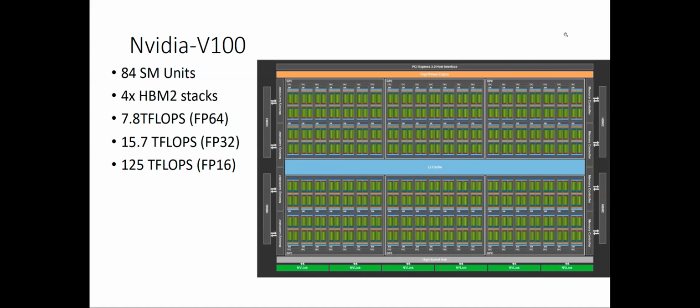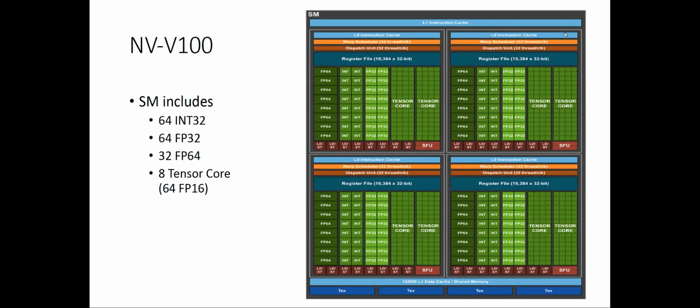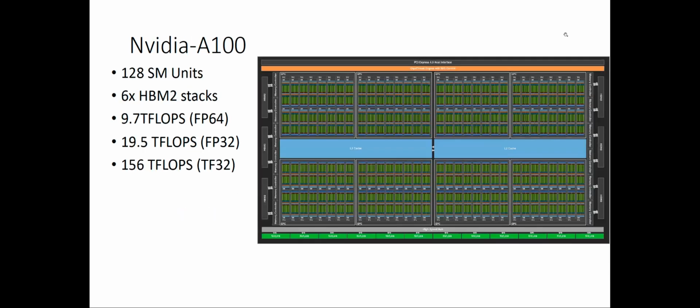What's the biggest change between the V100 and the A100? Let's take a very quick look. If you only see the schematic, they don't have much difference. It's a very similar architecture, but with a higher number of streaming multiprocessors. Instead of 80-something, now we have 128, and a very similar off-chip HBM stack arrangement, from left and from right.